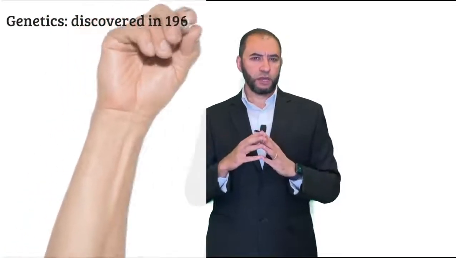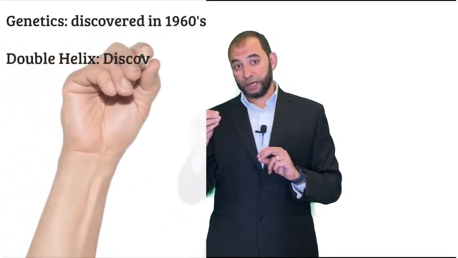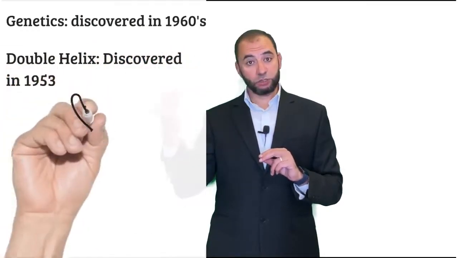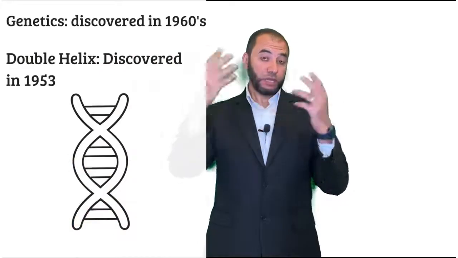Darwin did not know about genetics, so the mechanism by which this variation takes place was not very clear until the 1960s, when genetics, the double helix and the DNA were discovered, and then we had an understanding of why a creature looks a certain way or has certain features. It's because its genes are creating its design.